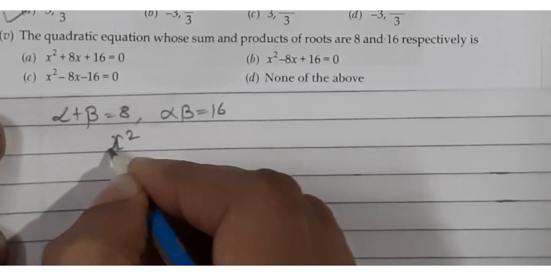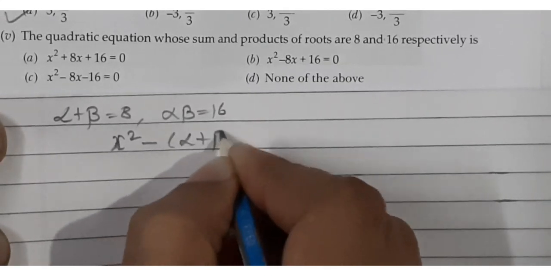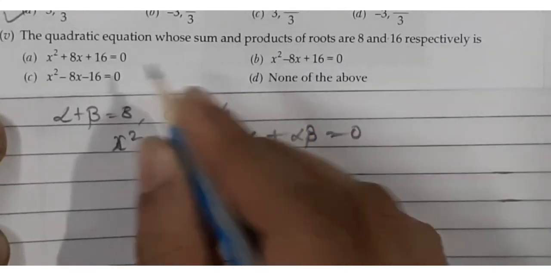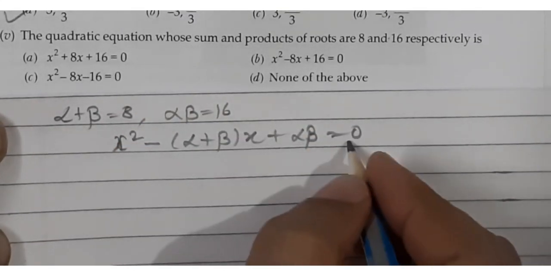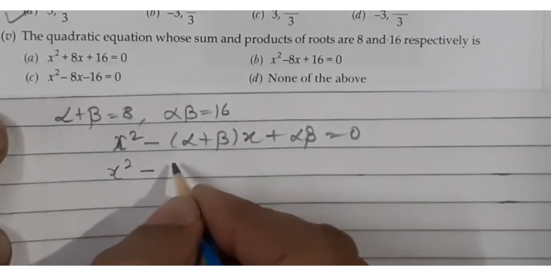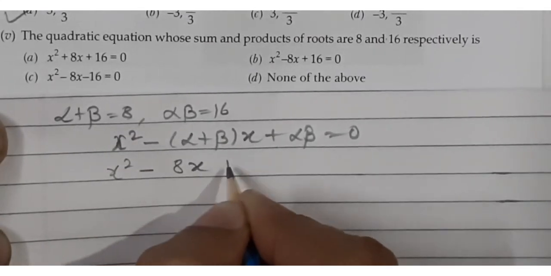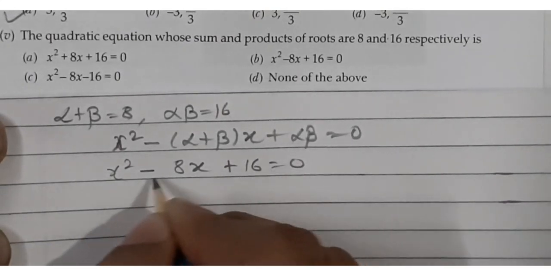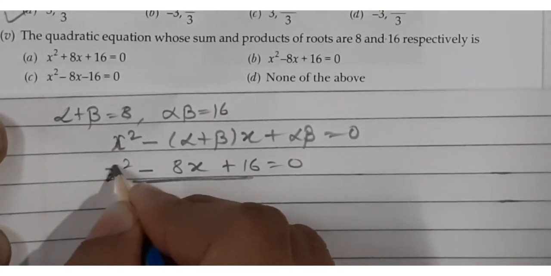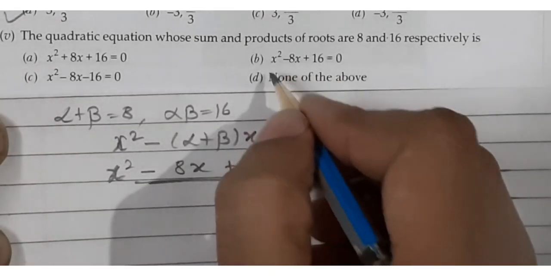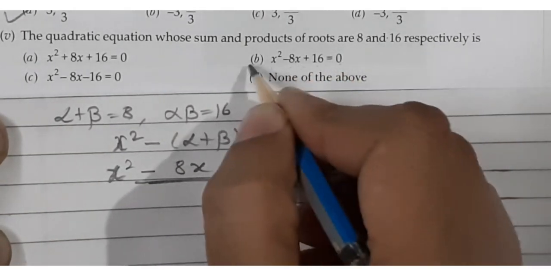X square minus (alpha plus beta) into x plus alpha beta equal to 0. You want an equation, no? That is why equal to 0 form. Then alpha plus beta is 8, and product of zeros is 16, it is given. So x square minus 8x plus 16 equal to 0.